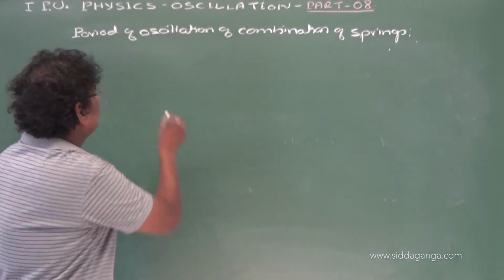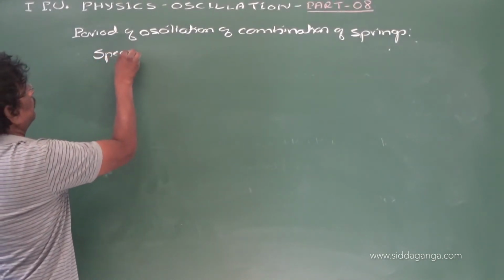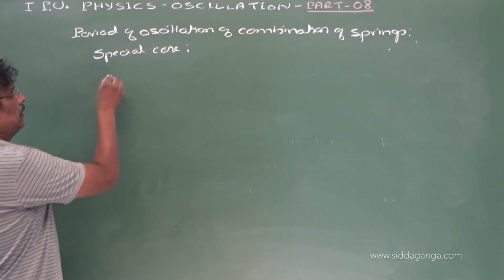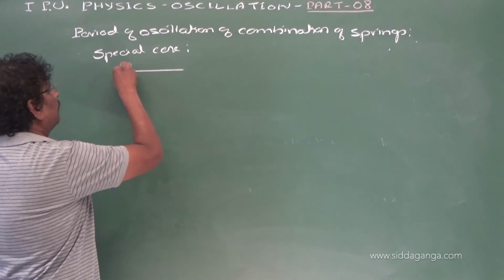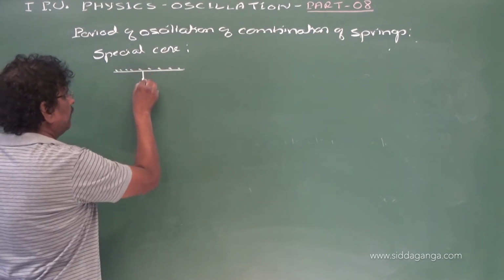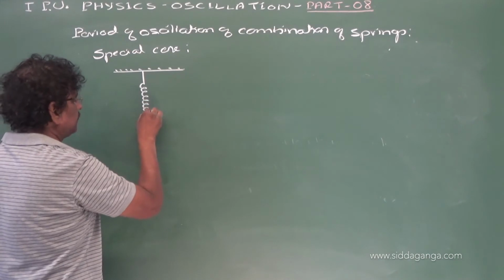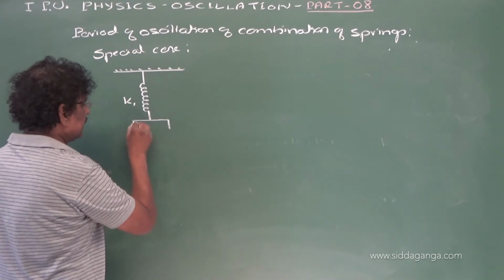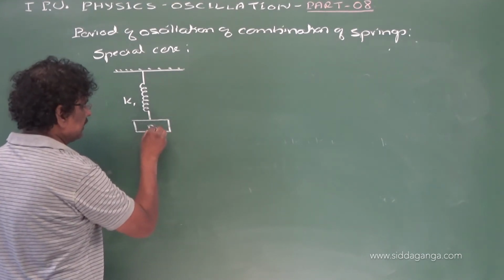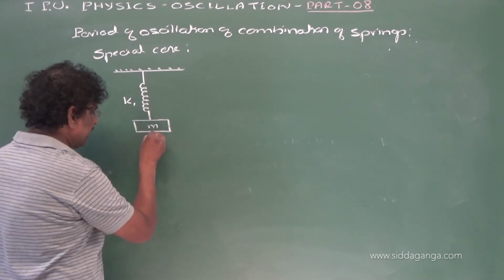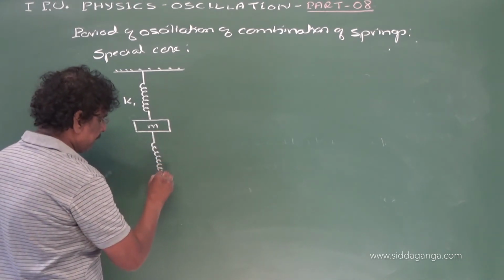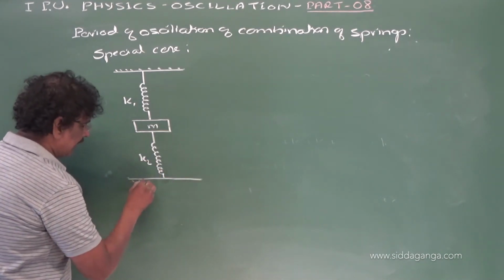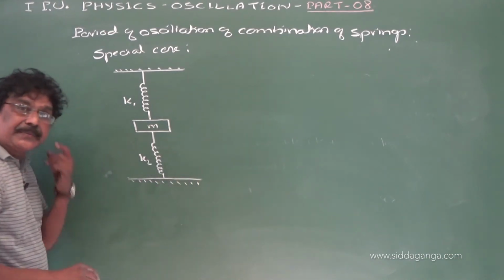We will special case. We have a spring of constant K1 connected to a mass M, and we added another spring of K2, and it is also connected to a rigid support, right?